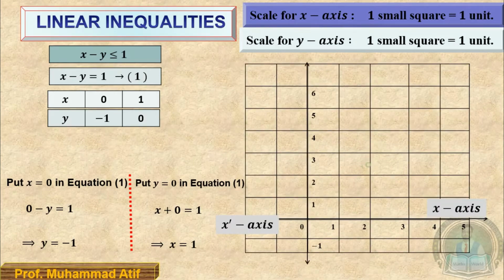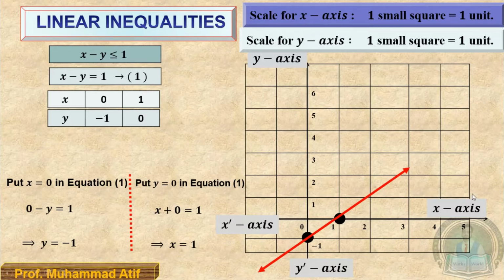This is your positive x-axis, negative x-axis, and your first ordered pair is (0, -1). X is equal to 0 at the origin and y is equal to negative 1 here. So make a circle. Then x is equal to 1 and y is equal to 0, here. Make a circle. Then join these two circles with a line, which is the line x minus y equal to 1.